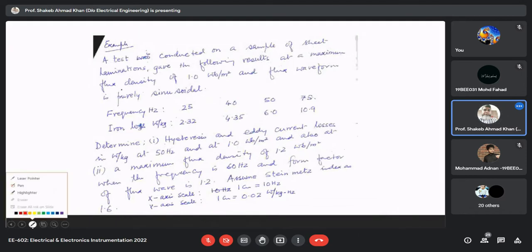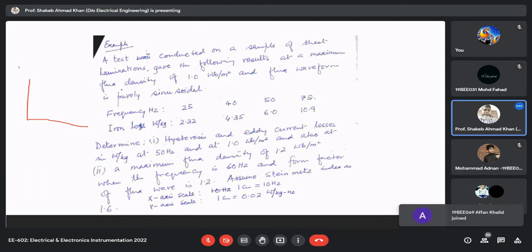Along the y-axis you should have iron loss per unit frequency, and along the x-axis frequency.